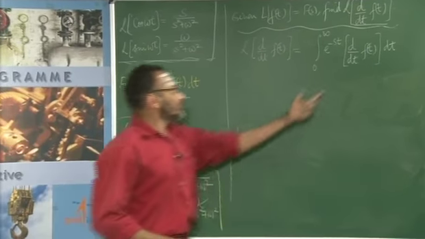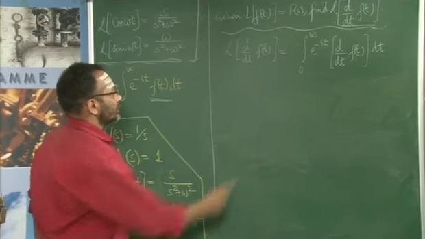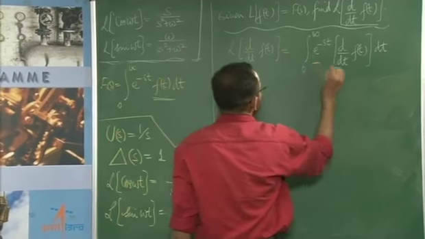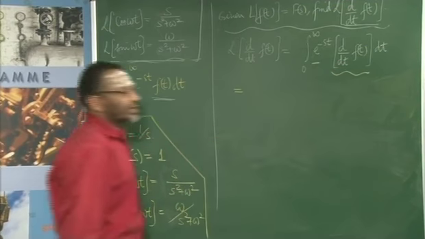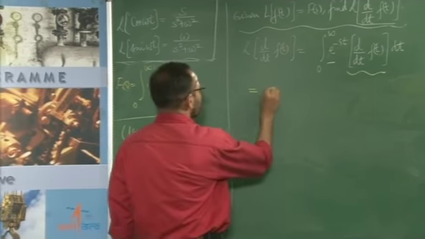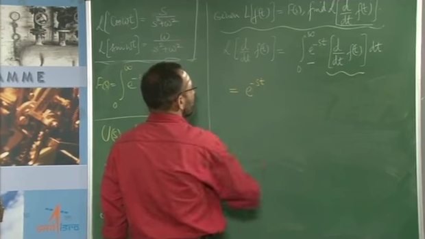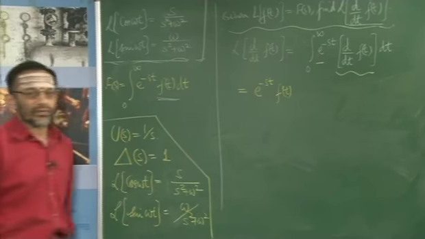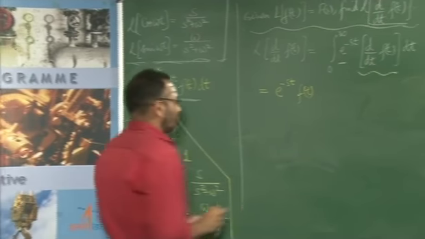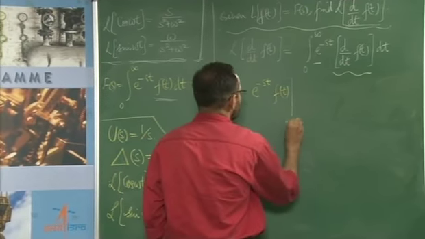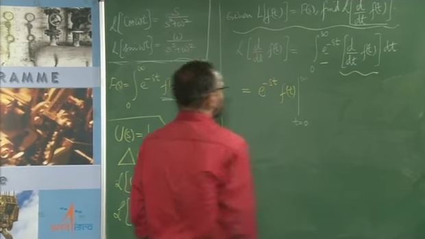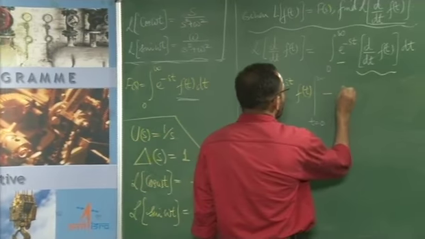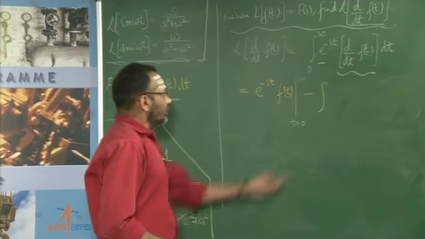Now, I am going to use integration by parts, first function into integral of the second function and so on. So, what is the first function? I am going to call this the first function, and this the second function. So, it is the first function e to the power of minus st into the integral of the second function f of t. Now, this has to be evaluated between t equal to 0 and infinity, that is the first half of the integral, minus the integral of the second function.